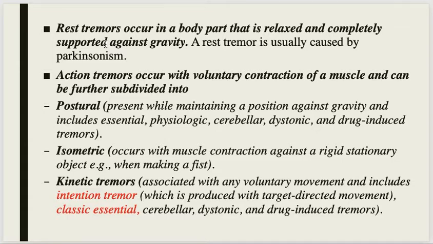Then there are physiological tremors. These are the most common type of tremors. If you want to know what physiological tremors are, outstretch your hands and see that your hands are having very, very fine movements.